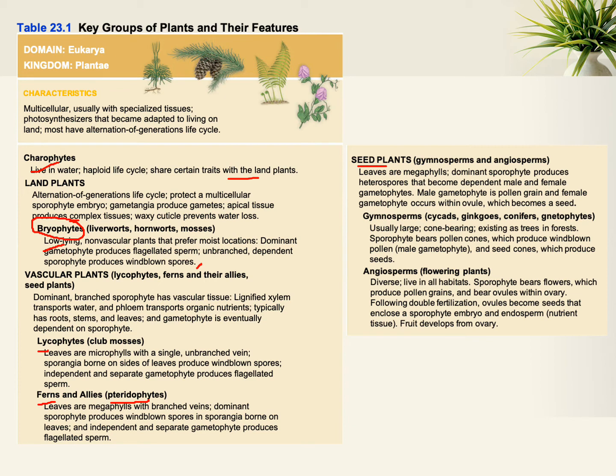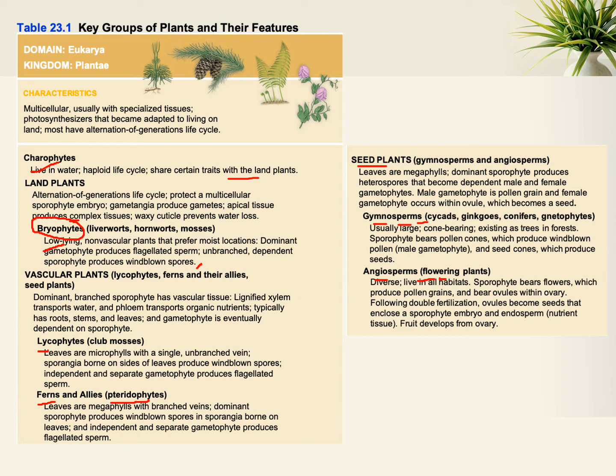The difference between the two is that one does not flower, which is the gymnosperm, and the other has flowers and bears fruit, which is the angiosperm, while gymnosperms do not bear any fruit. Gymnosperms are usually large and cone-bearing, and they exist as trees in forests. The sporophyte bears the pollen cone.